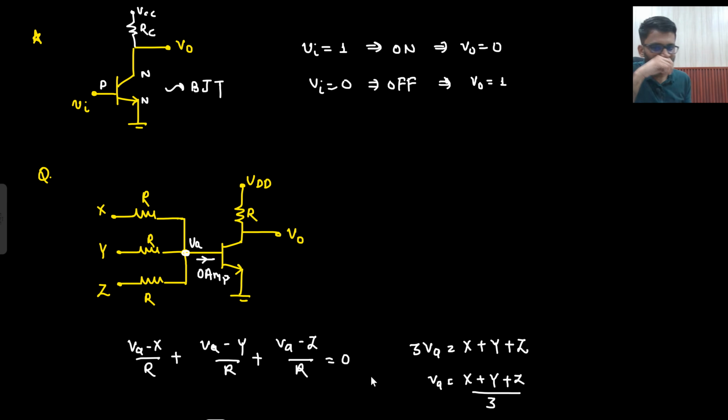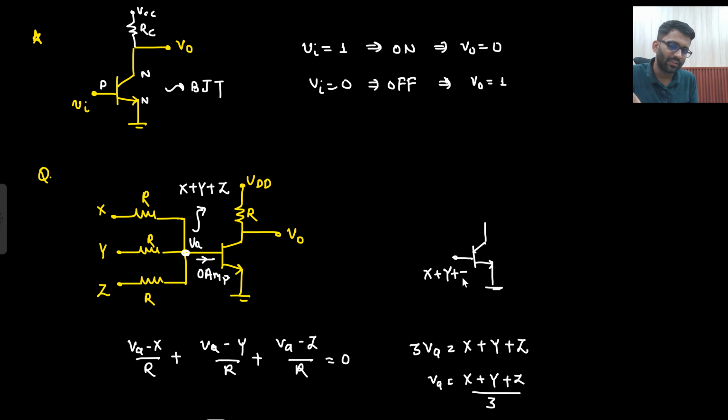So basically here there is no meaning of 3. In case of digital there is no meaning of 3. Basically here you are getting the addition of these three Boolean logic. So VA represents the addition of these three Boolean logic, X plus Y plus Z. And in the BJT, just consider this as an NMOS, okay? If this is your X plus Y plus Z, what you are going to receive at V0?